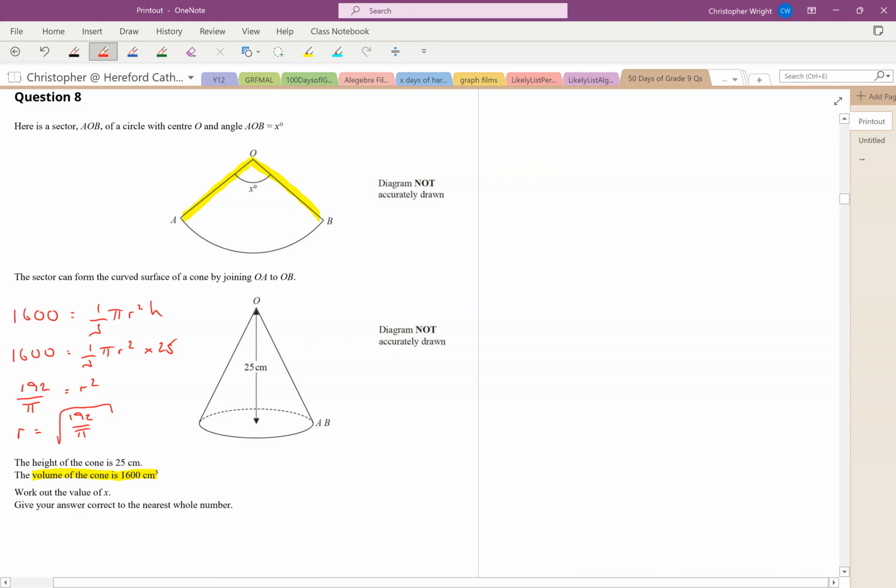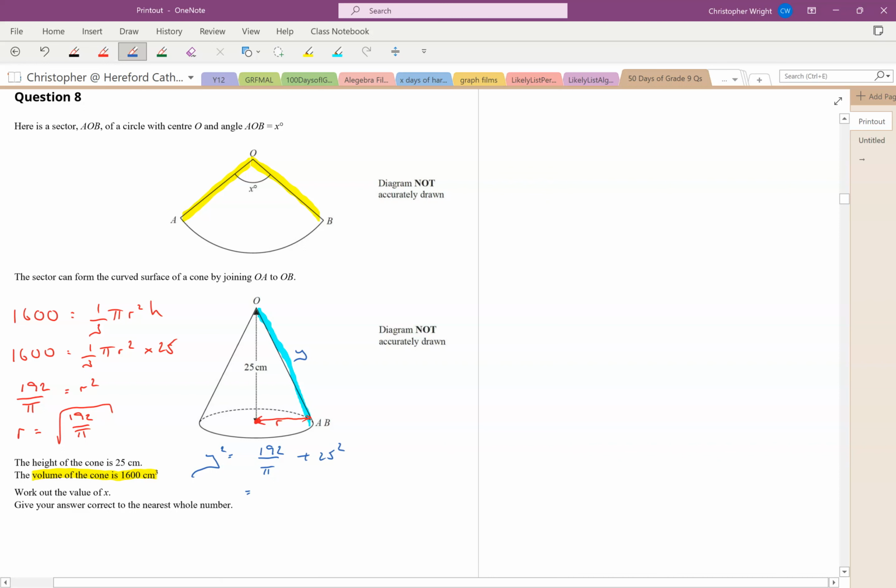So r is the square root of 192 over pi. That means I know that length there, which means I can find the length from O to A by using Pythagoras. Let's call that y for a moment. y squared is r squared, which is 192 over pi, square rooted, squared, plus 25 squared.